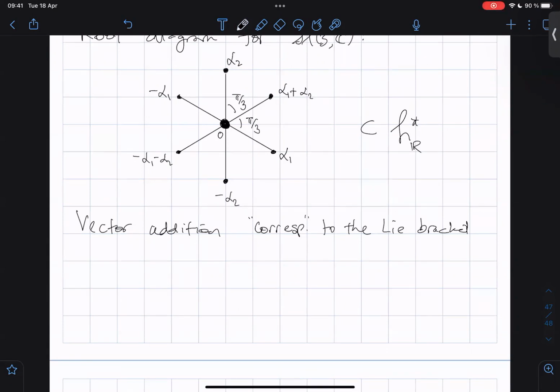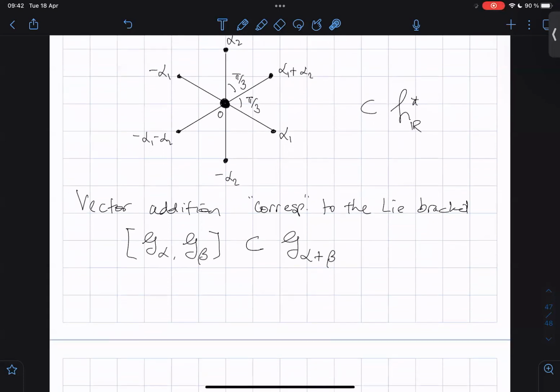What I mean is that if I take the corresponding root spaces, G alpha and G beta, and I pair them using the bracket, then we're going to land in this other root space, G alpha plus beta. Actually, careful, because remember, this is not always a root space. It might be 0. It's only called a root space when this is non-zero.